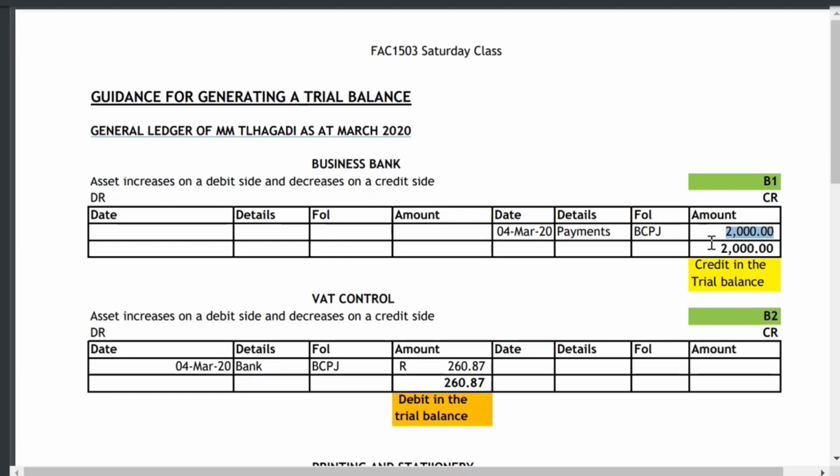In your general ledger, the account is on the credit side, so you will credit this 2,000 in the trial balance.